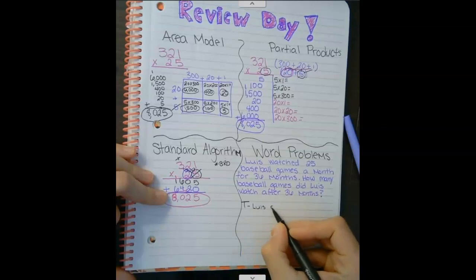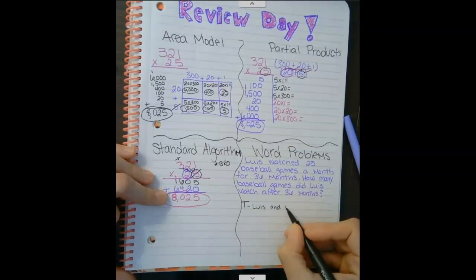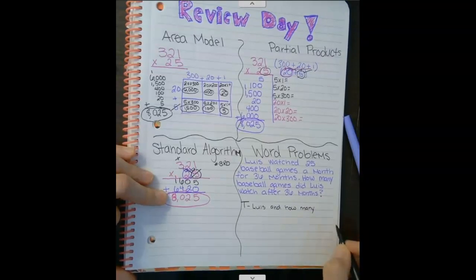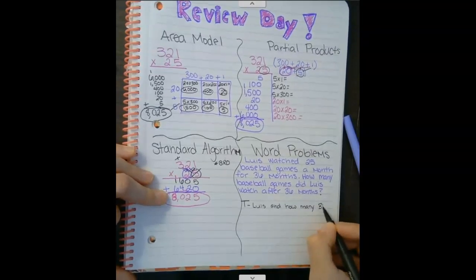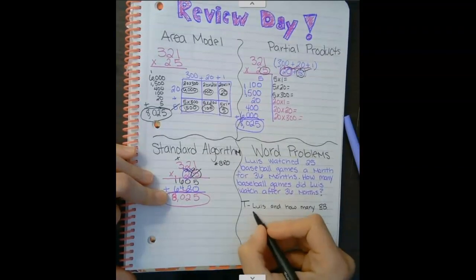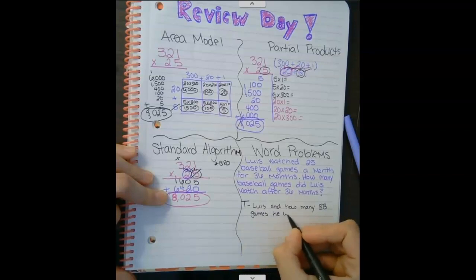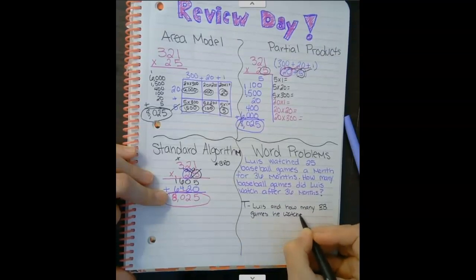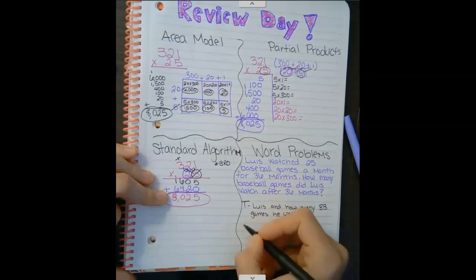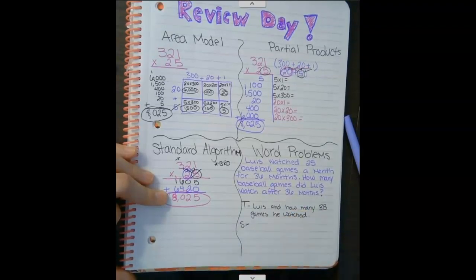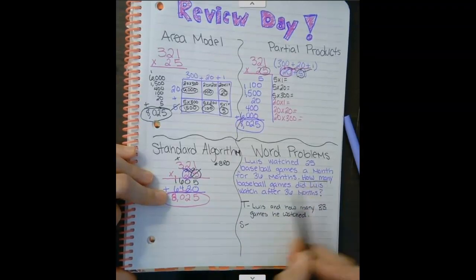Luis, how many, and I'm going to abbreviate here, baseball games he watched. Okay, so for my S, for my sentence, the question says, how many baseball games did Luis watch after 36 months?